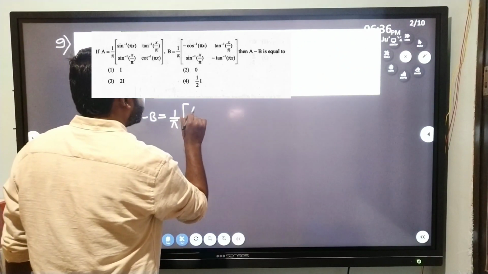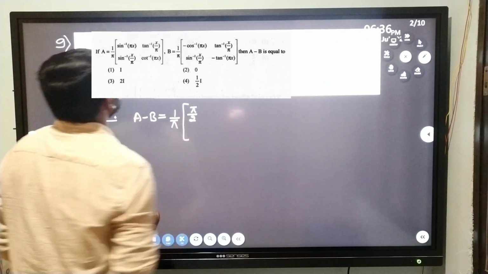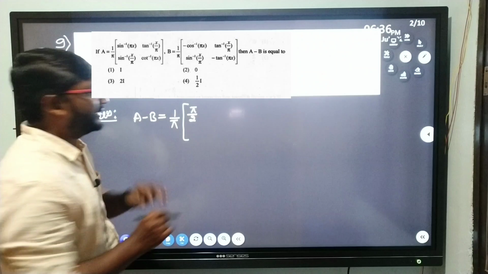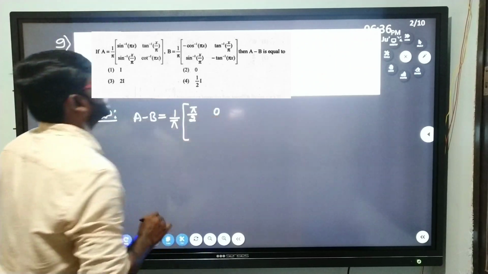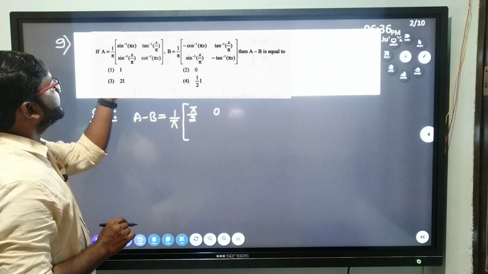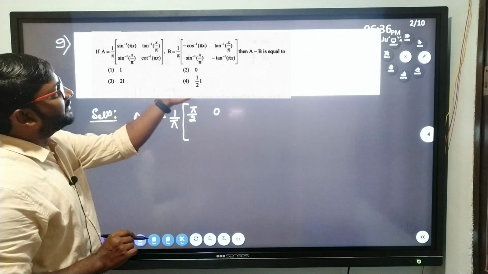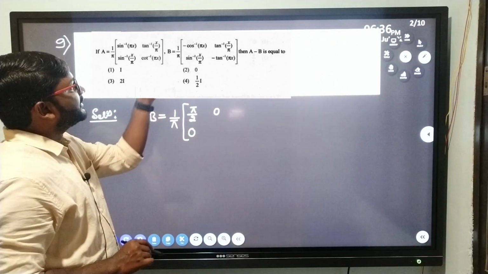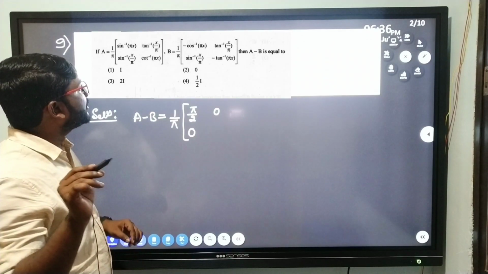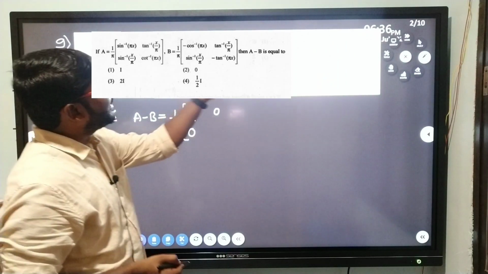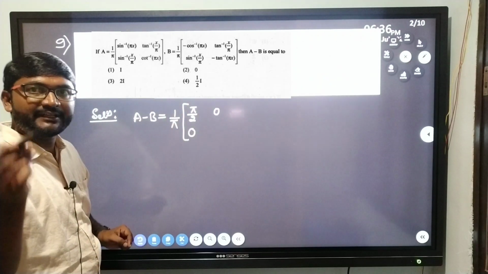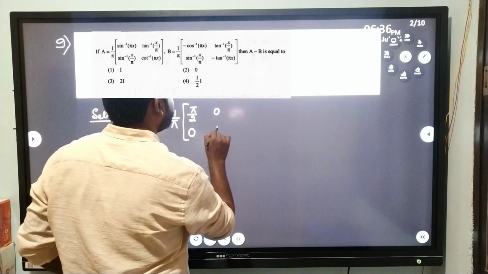Then tan inverse pi x minus tan inverse pi x, both get cancelled, it will be 0. Then sin inverse x by pi minus sin inverse x by pi is again 0. Then cot inverse pi x, minus of minus becomes plus. Cot inverse pi x plus tan inverse pi x, which is again a standard property, is pi by 2.